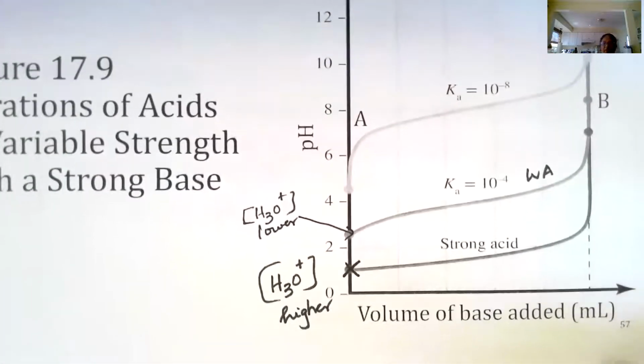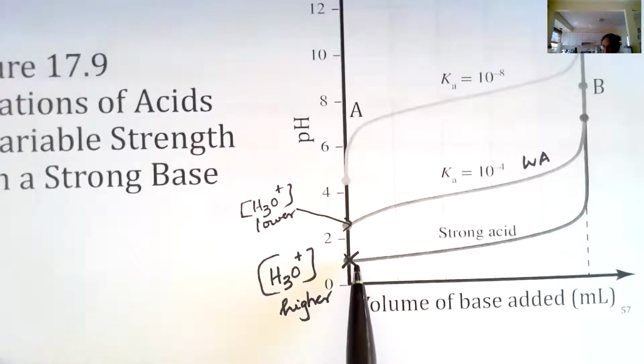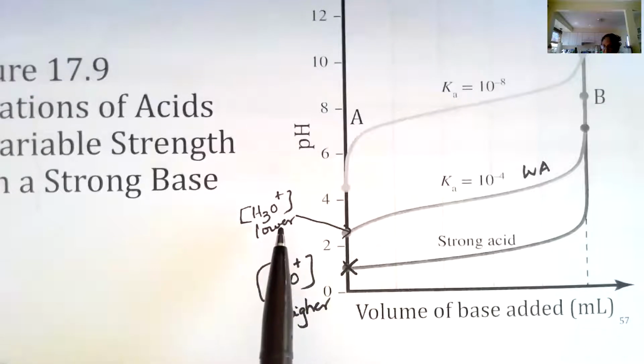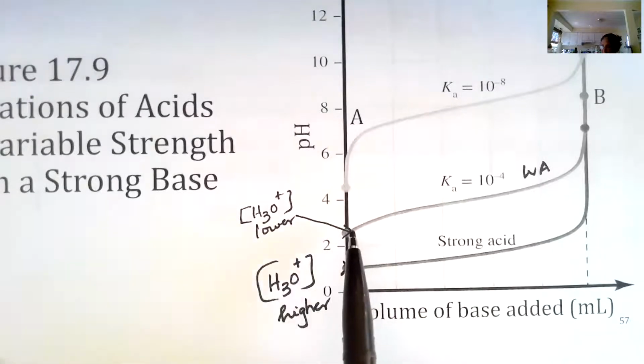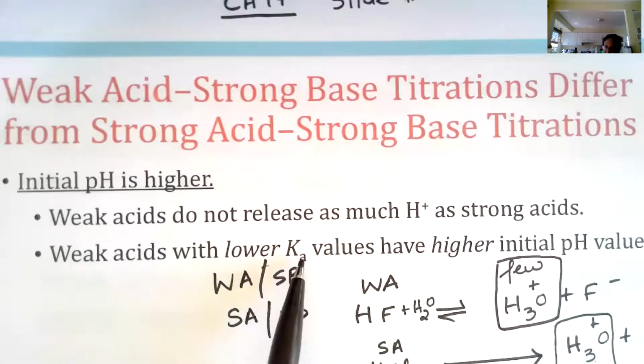How does that translate in terms of pH? If you have more concentration of H3O plus, that gives you a lower pH to begin with. Here you have a lesser amount of the H3O plus, so a higher pH to begin with. That's what they're talking about. That's this point that they're talking about.